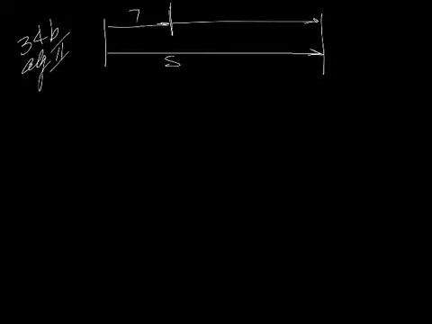Okay, so my graph is going to look like this. This will be the distance of Robin Hood, and this will be the distance of the sheriff. If the sheriff traveled 6 miles per hour, the rate of the sheriff was 6.